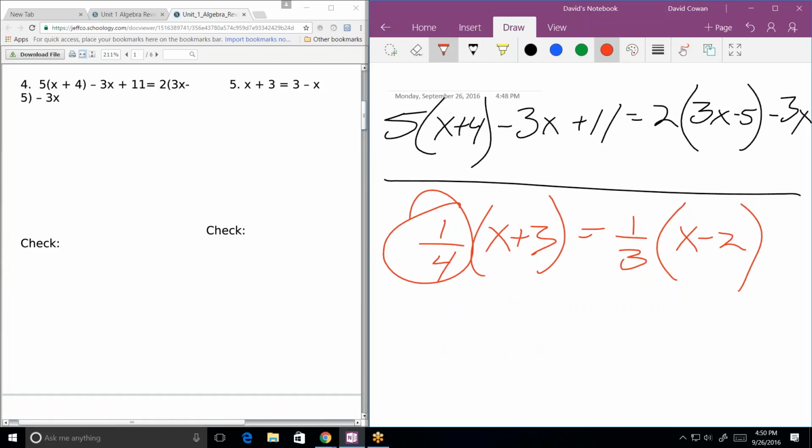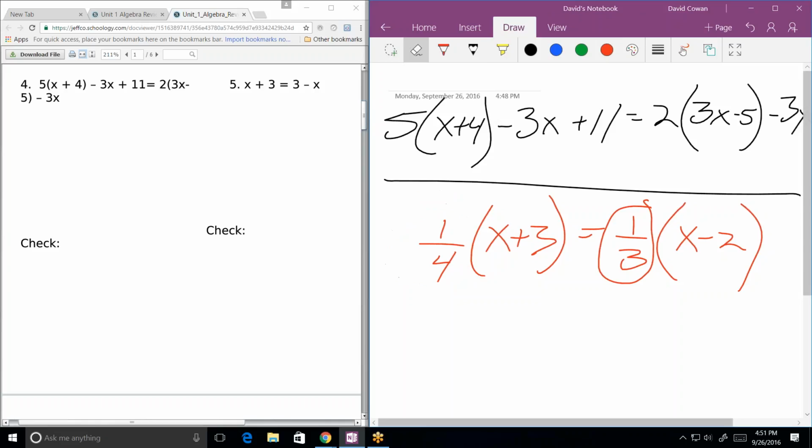Maybe 4. You see how 4 will get rid of the 1/4? Yeah. What would I multiply this side over here by to get rid of the 1/3? 3. Yeah. What if I multiply both sides by 12?